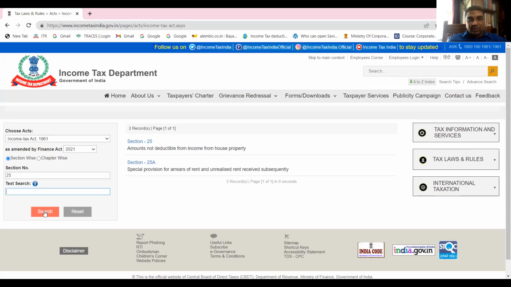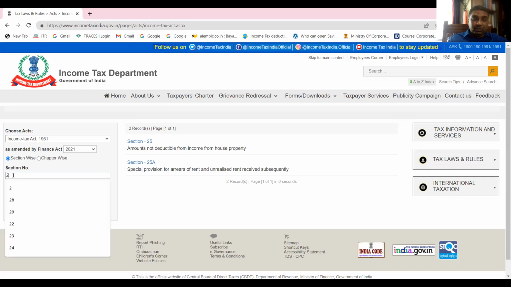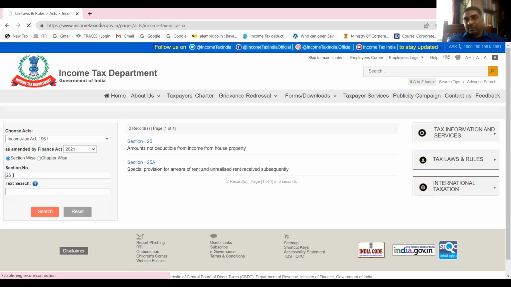These are the special provisions for arrears of rent and unrealized rent received subsequently. If rent is not received, there is arrears, and rent which is unrealized at a point of time and certain deductions are allowed, and subsequently it is realized. How that is to be dealt with is explained in section 25 and 25A.